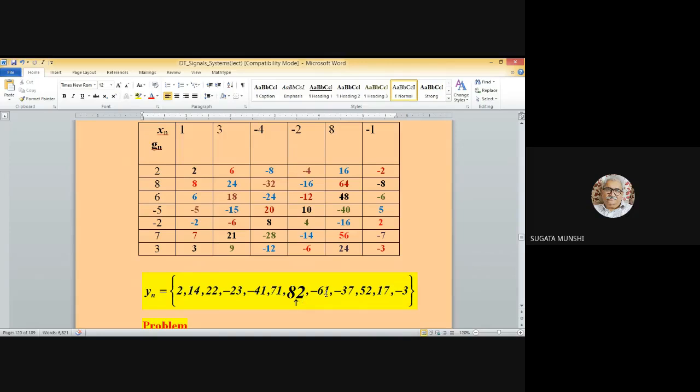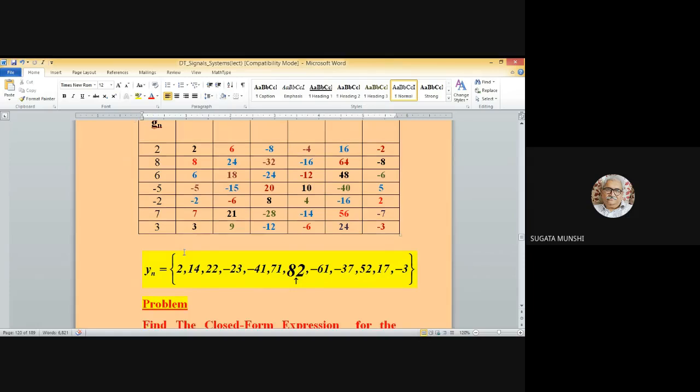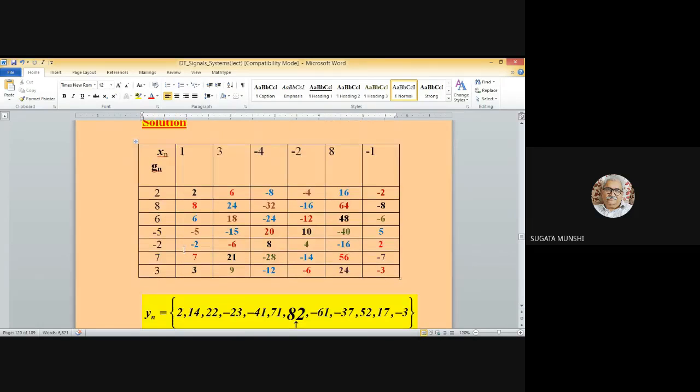Then those will be the terms for n equal to 1, 2, 3, 4, 5. I have already pointed out that the right end of y[n] should be 5, the sum of the right ends of x[n] and g[n]. So this is done, I think.